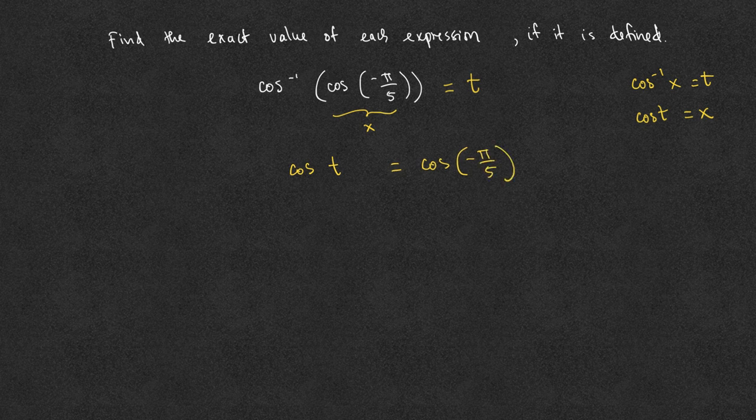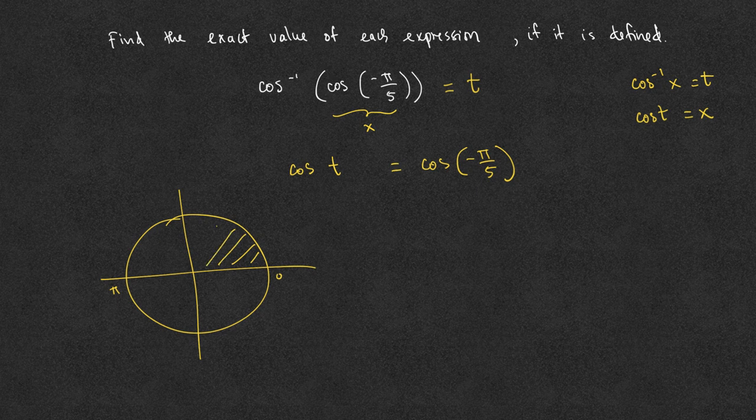This statement just means that we're going to find t, where t is in the first and second quadrant. T is a number between 0 and pi, such that cosine of negative pi over 5 is equal to cosine of t.